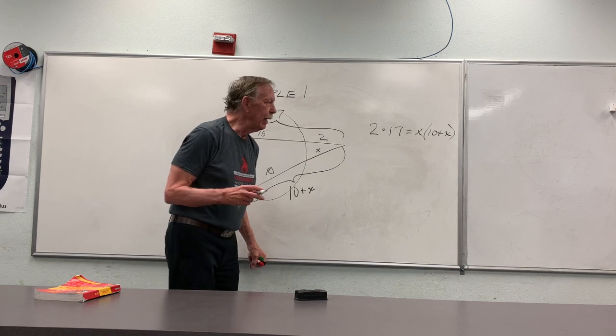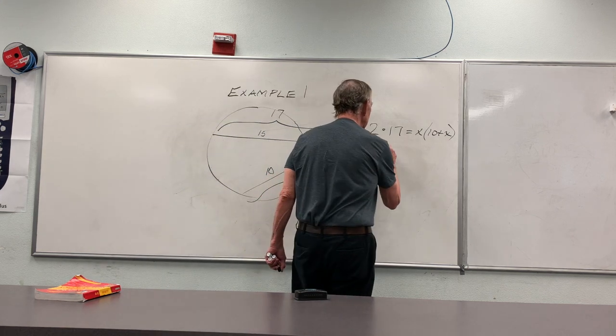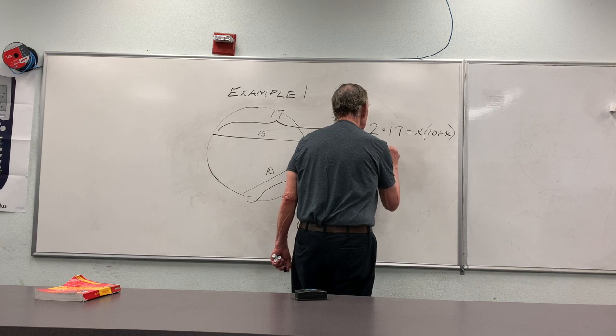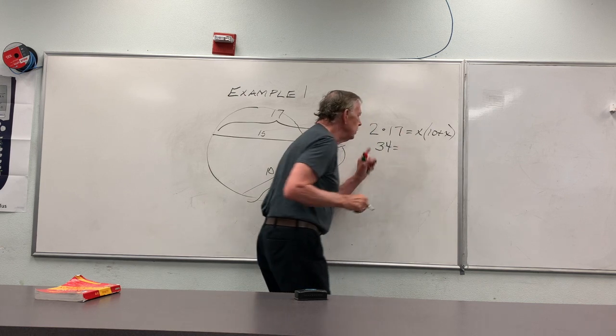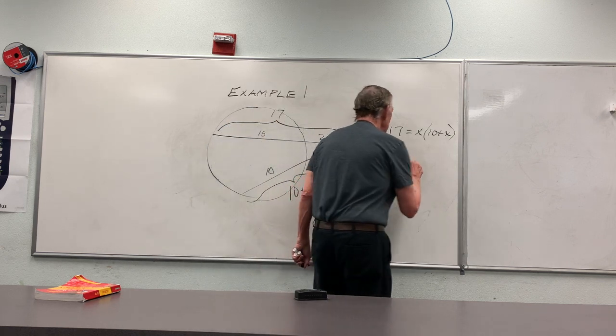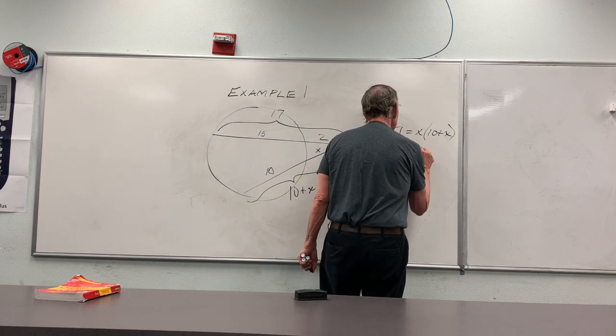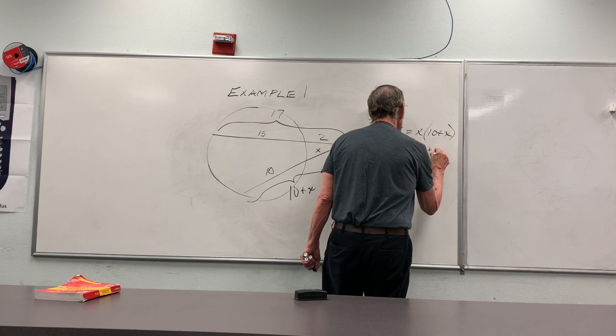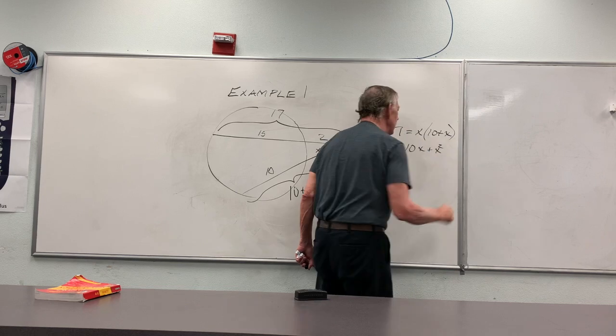We can solve that. 2 times 17 is 34. That's going to equal 10x plus x squared.